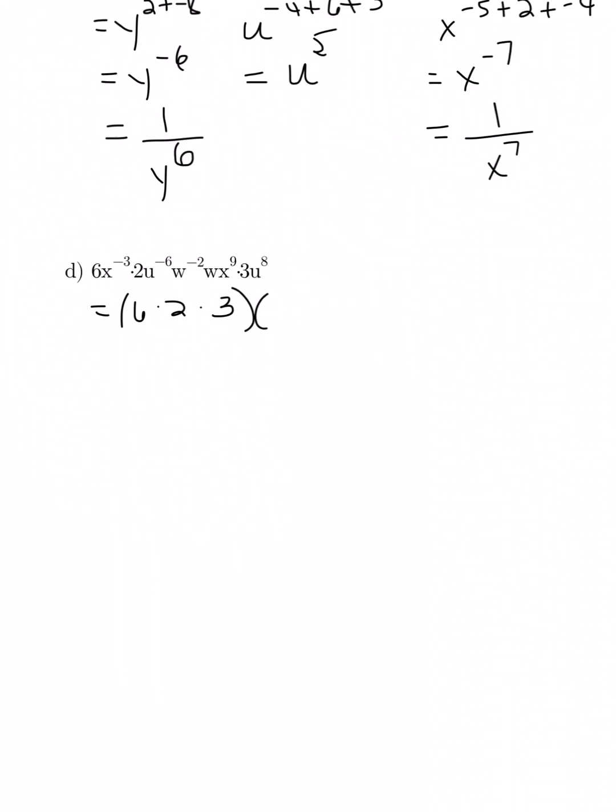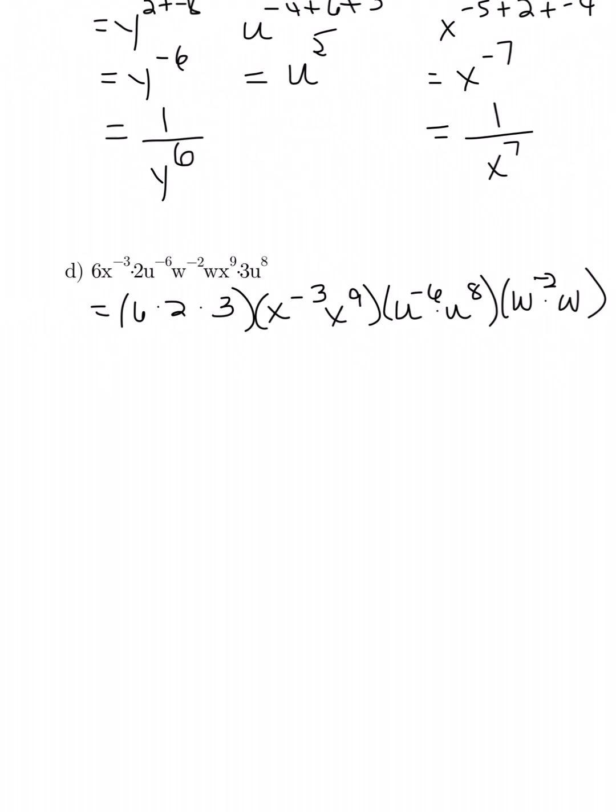The first letter we run into is an x, so I'm going to look for all the x's. I have x to the negative 3, and I have x to a positive 9. The next letter that I see is a u. So I've got u to the negative 6 times u to the 8th. And then the other letter that we have is w to the negative 2 and w.